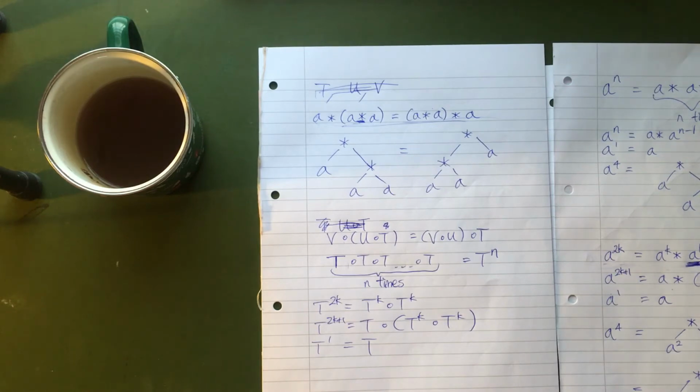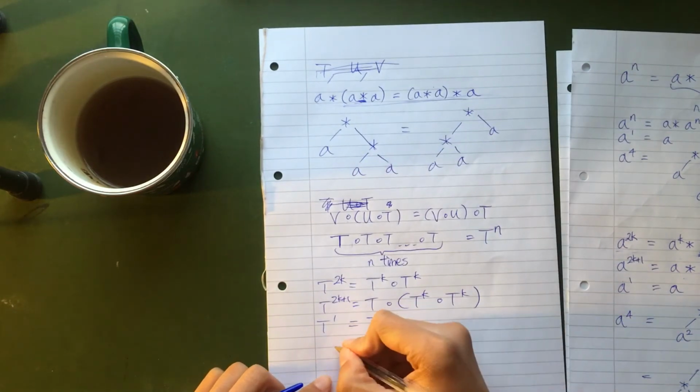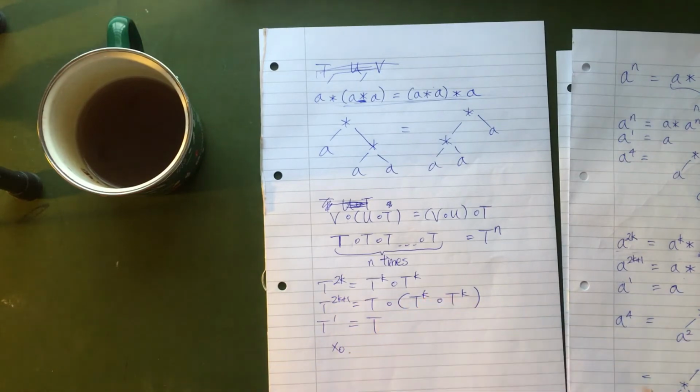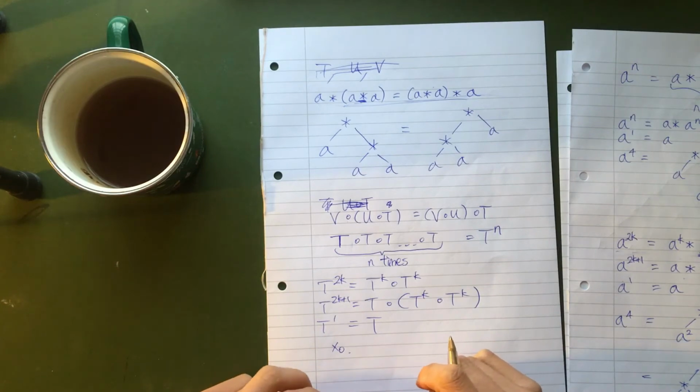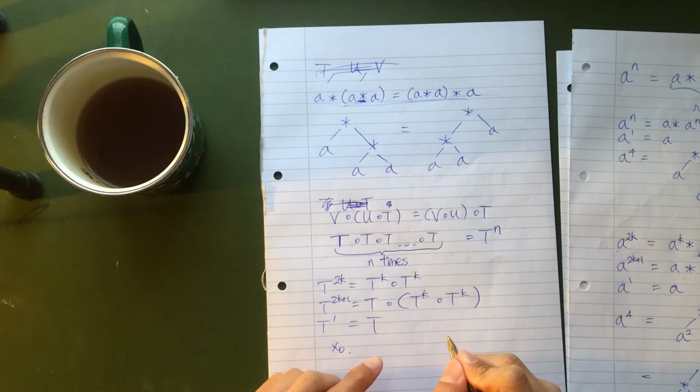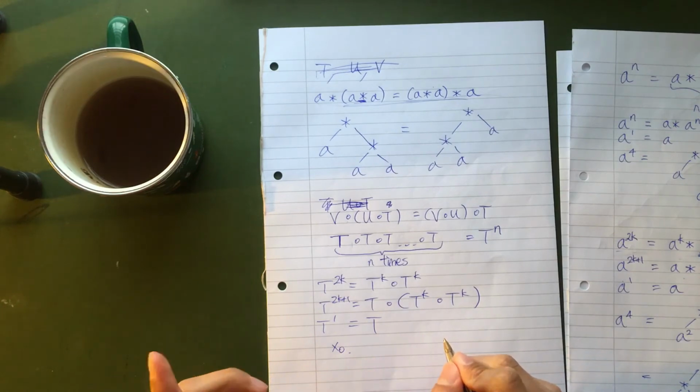And here we bring back our initial conditions, maybe x naught. So this could be whatever. It could be our initial state of our population. For the case of a to the power of n for multiplication, our initial condition is going to be a to the power of 0, which is 1.